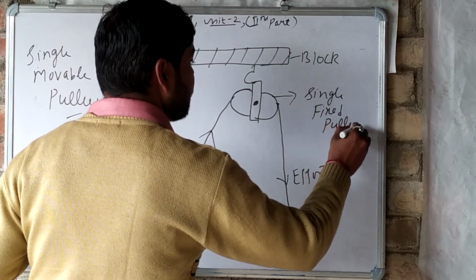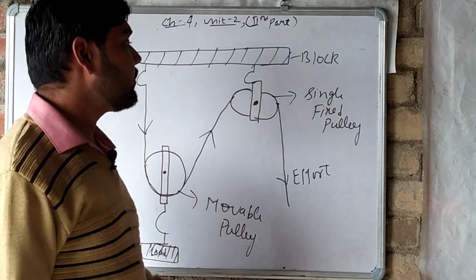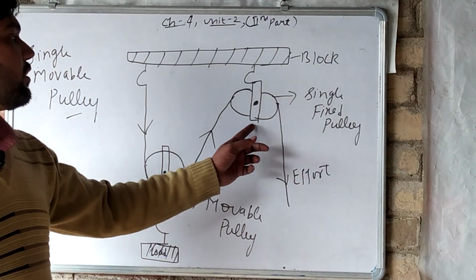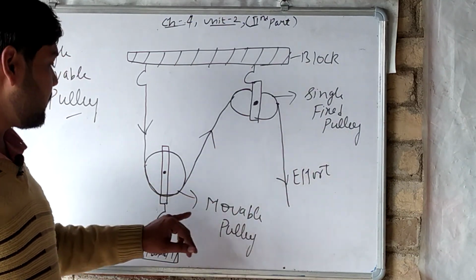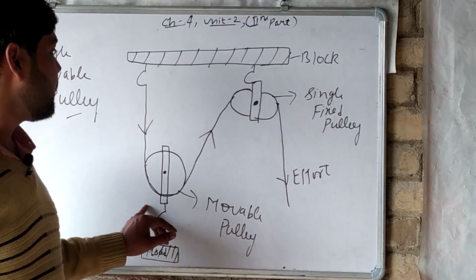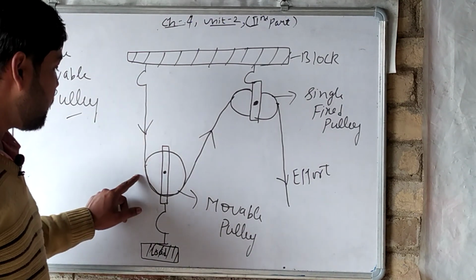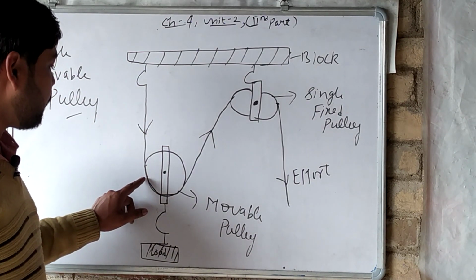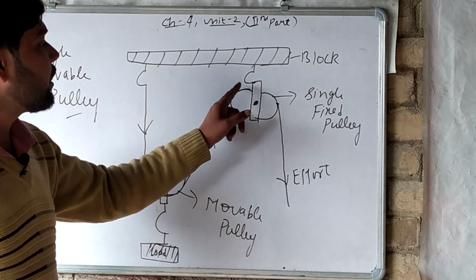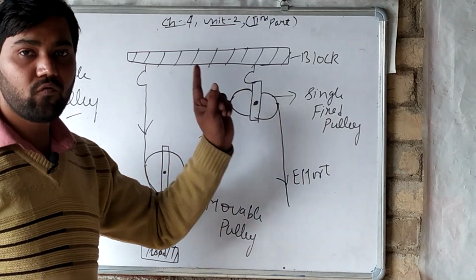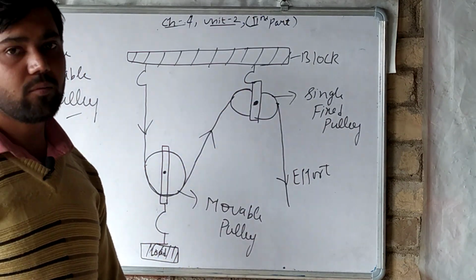Okay, and this is the whole setup. So we see that in the single movable pulley a fixed pulley is also used. A fixed pulley is also there in the setup, and this is the movable pulley. A rope connected from this hook lies on the groove of this movable pulley, then comes to the groove of the single fixed pulley, and the rope comes down.